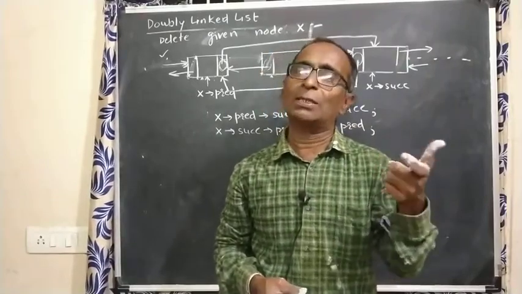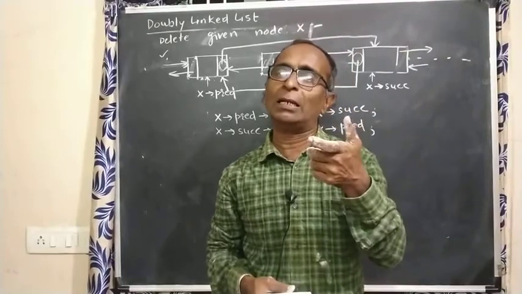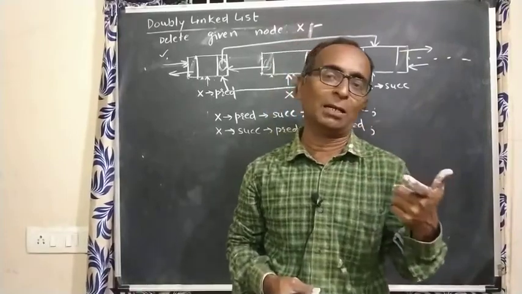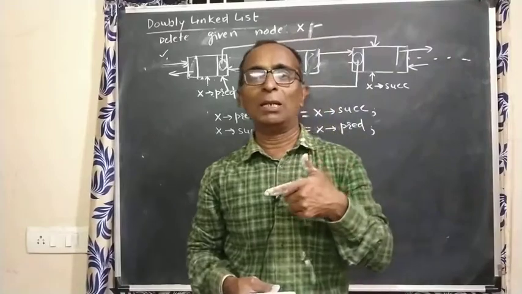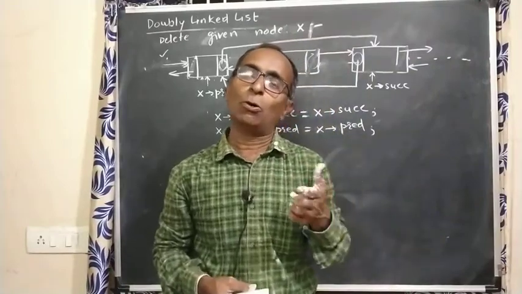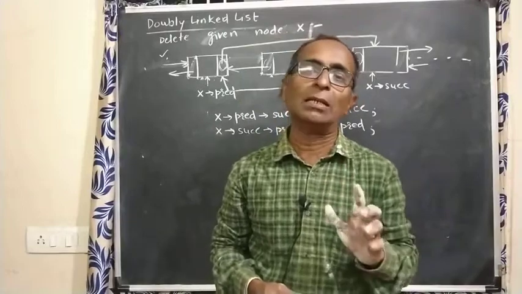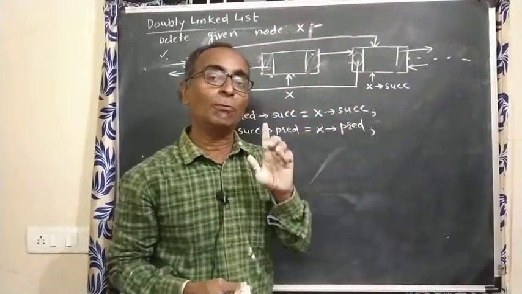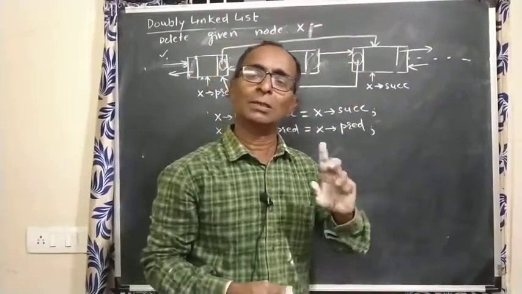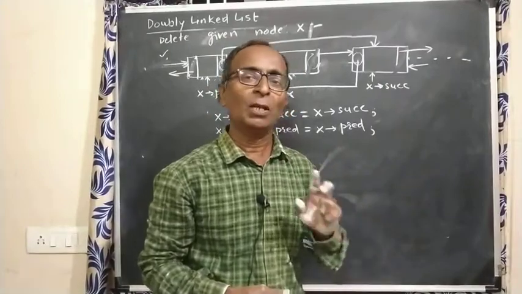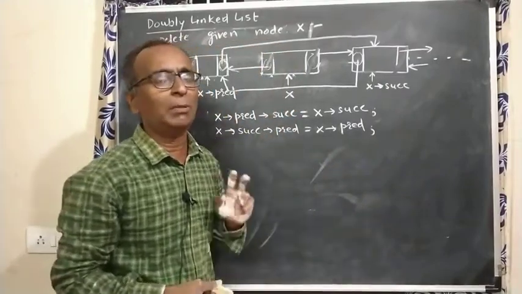That is, in case of insertion and deletion in a singly linked list, the predecessor node's address is required. But in a doubly linked list, we will have that. So all operations, insertions as well as deletions in a doubly linked list will be big O of 1 only, in a constant amount of time.